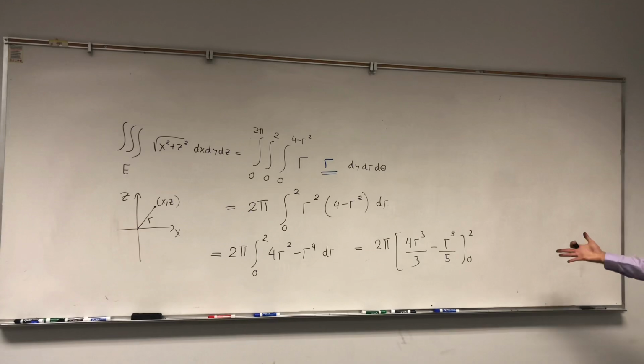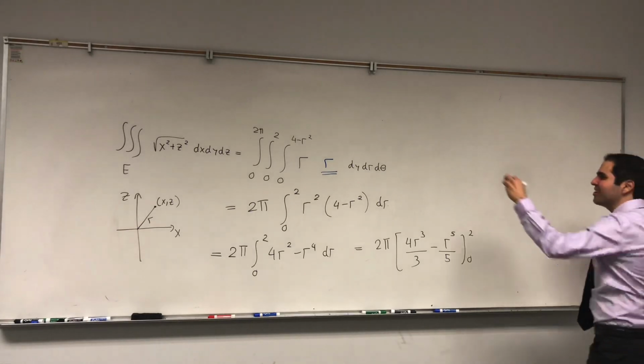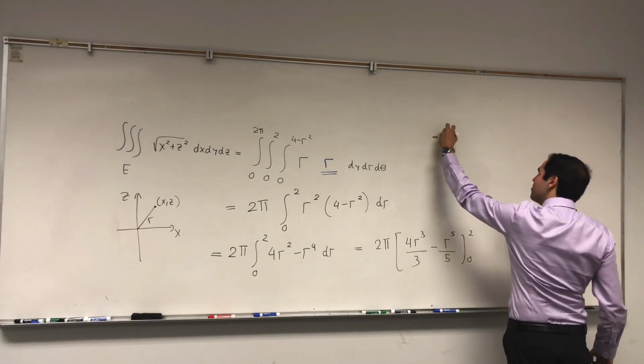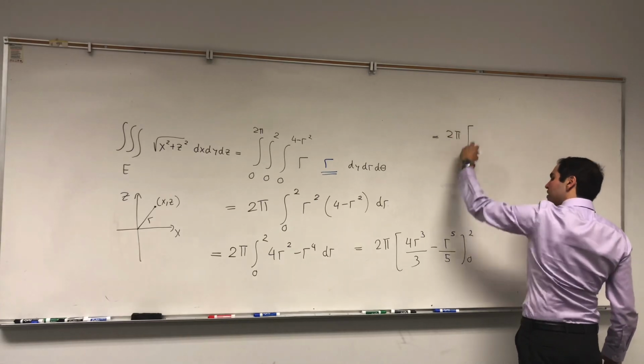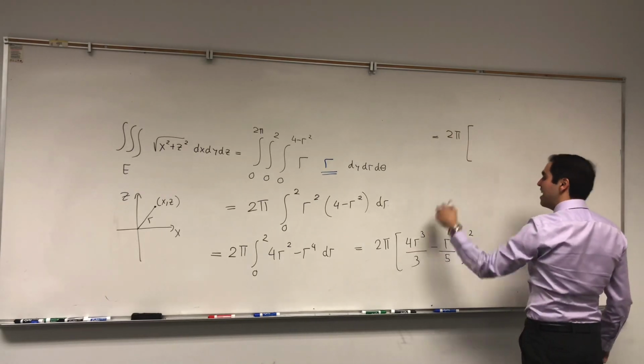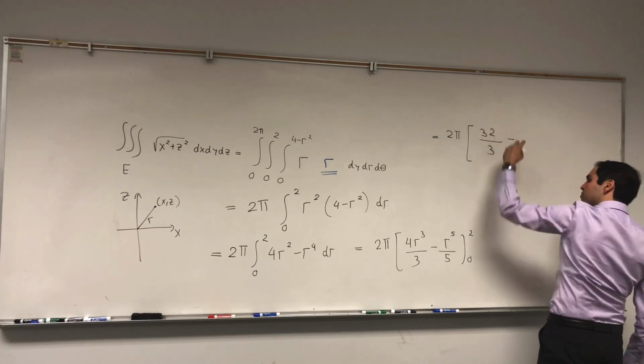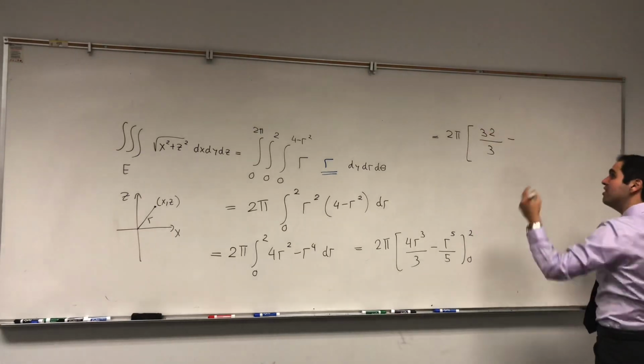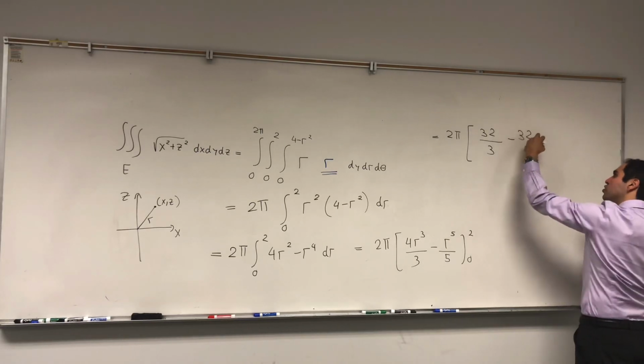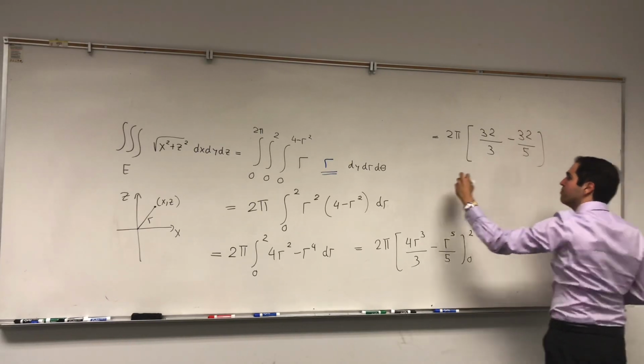Now, this looks very hard to calculate. It turns out it's much easier than you think. So it's 2 pi times 4 times 8, which is 32 over 3, minus 2 to the 5th, which is still 32 over 5.